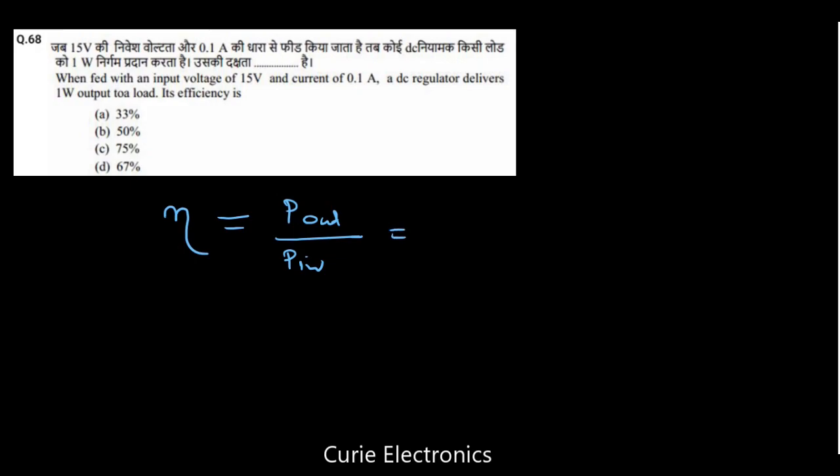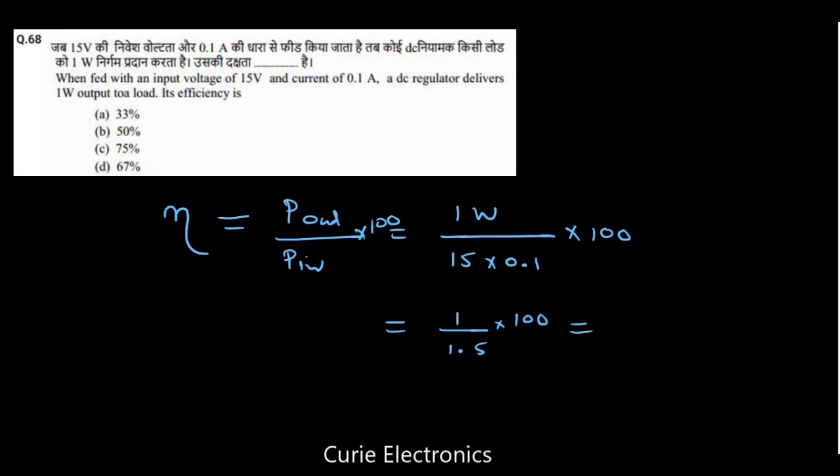He's telling 1 watt. What is the P input? V into I, 15 multiplied by 0.1, multiplied by 100, then only efficiency we will get in percentage. So this is equal to 1 upon 1.5 multiplied by 100. So what do we get?